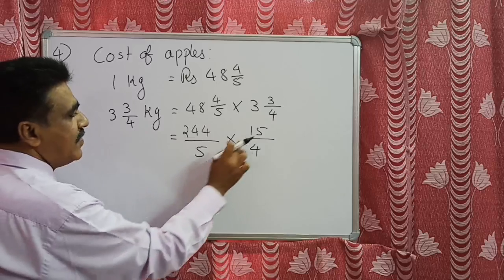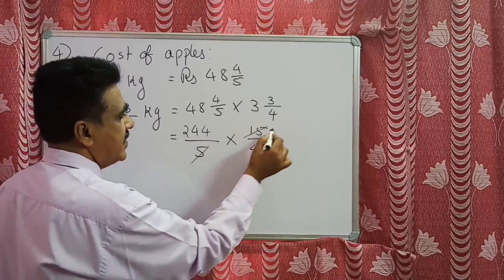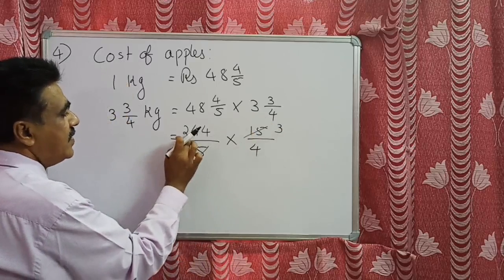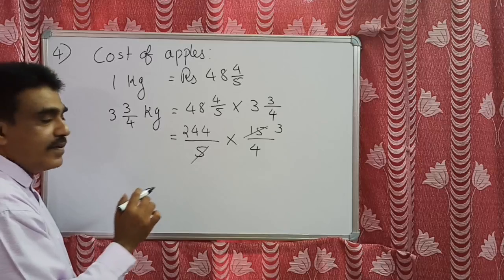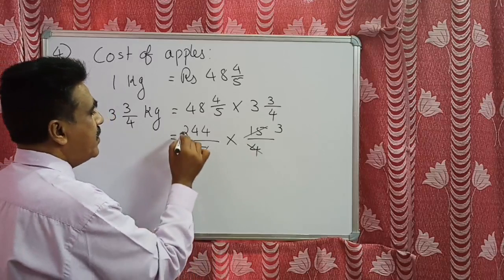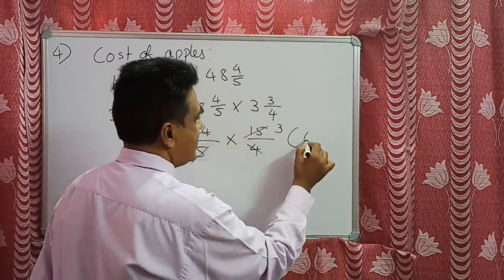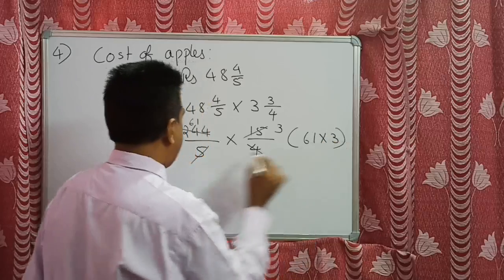We can cut 5 and 15, it will come 3. So 4 into 61, and we got the numbers 61 into 3.